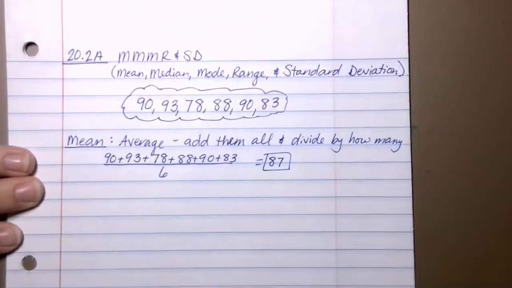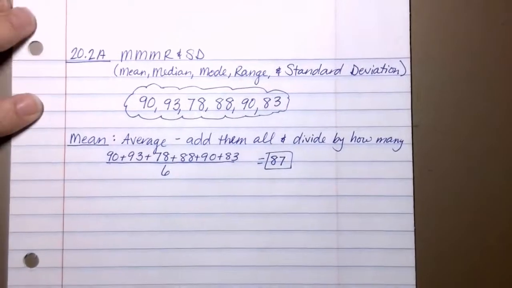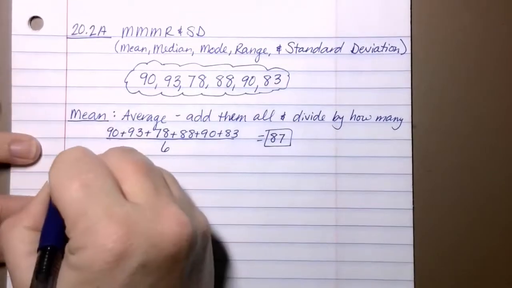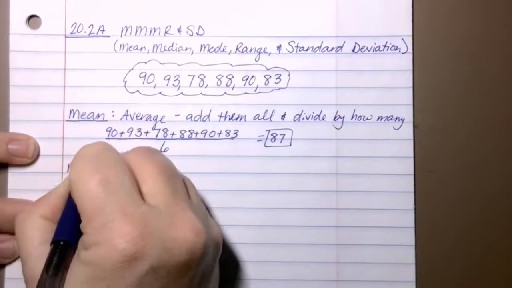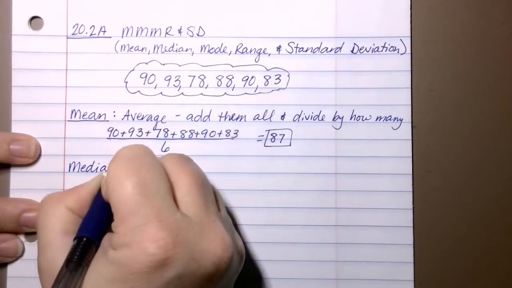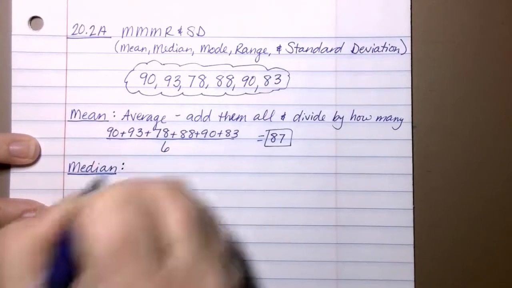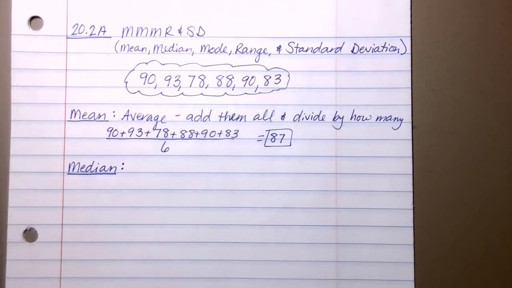Questions about mean? There shouldn't be many because you guys have done this several times before, yeah? Median. Where have you heard the word median before? When you're driving down the road, if you're on the freeway, there's usually those cement barriers.